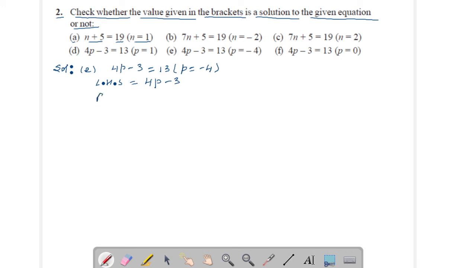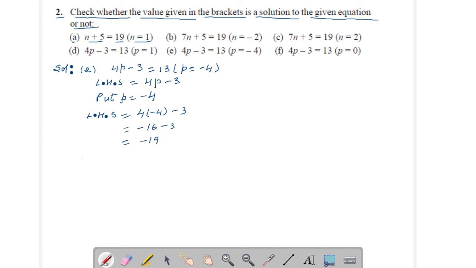Here put p equal to minus 4. Therefore, left hand side equal to 4, replace p by minus 4, minus 3. What will you get? 4 into minus 4, it is minus 16. Minus 3, you will get minus 19.